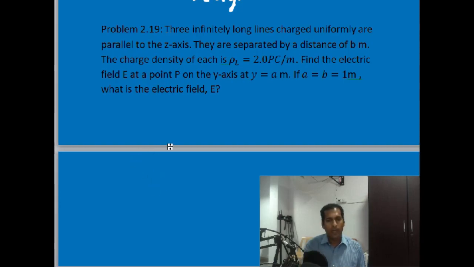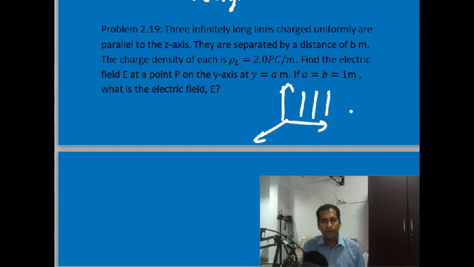So this may be the z-axis, and these will be the three lines parallel to the z-axis, they are separated by some distance b meter, and rho L is given as 2.0 picocoulomb per meter. Now we have to find out electric field at point P on y-axis, at y equal to some a meters.